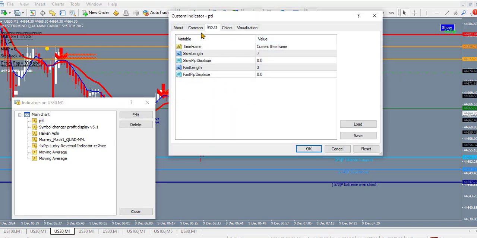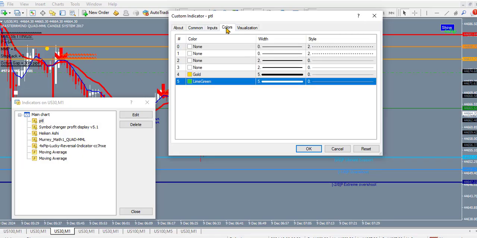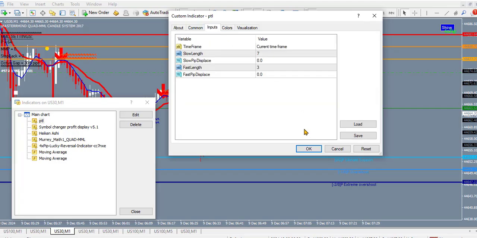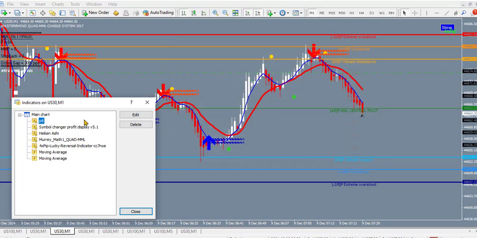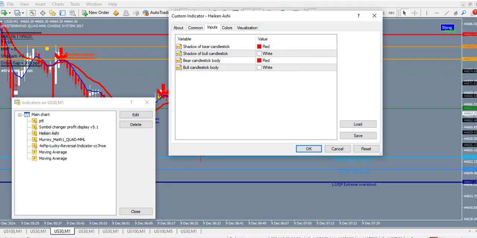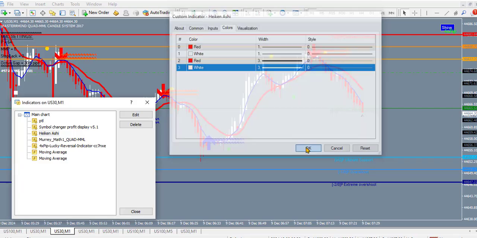Here is the PTL indicator that I used, and these are my settings. Just make sure you set it up accordingly, and these are the colors. And the Heiken Ashi indicator just showing us the candle pattern, this red and white candle. That's just the color.